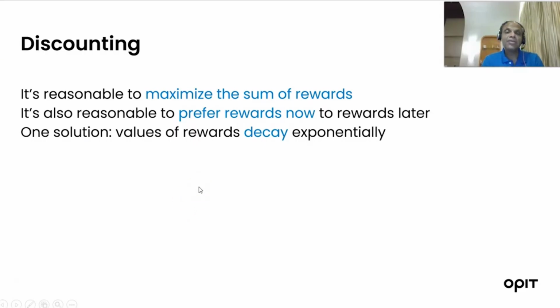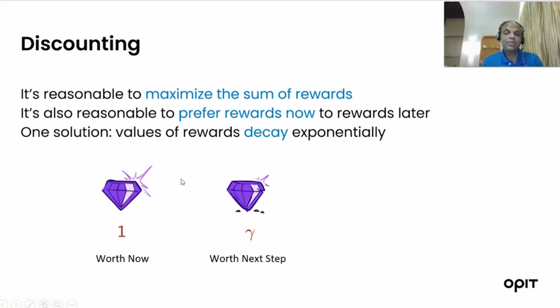Okay. This also allows the agent to prefer rewards now rather than rewards later. So here's an example. If I have a reward which is worth something now, and I delay it, I don't take it now and I take it in the next step, then its value would decrement by a certain fraction. I denote that fraction by gamma. If I take it 2 steps away, it would decrement by gamma squared.